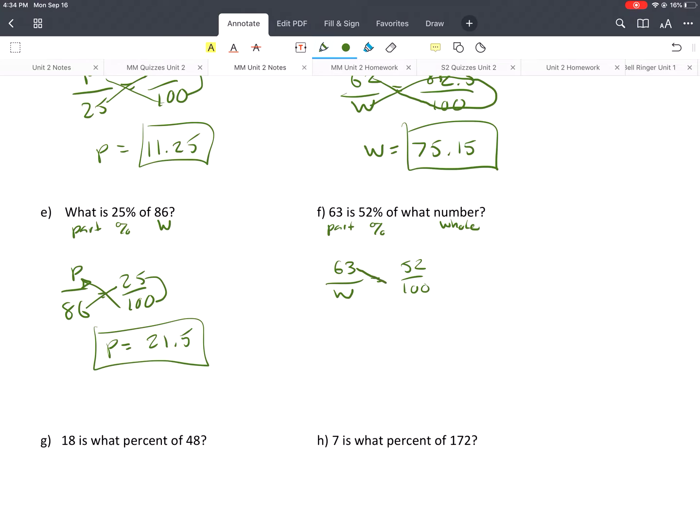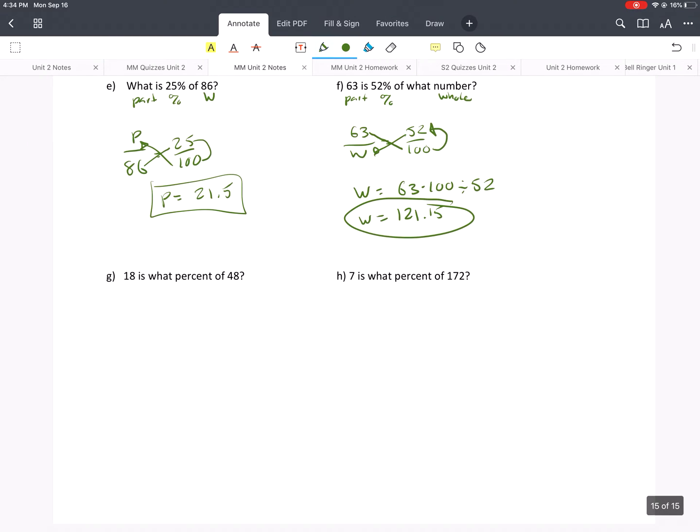So 63 times 100 divided by 52 equals W. So W equals 63 times 100 divided by 52, and we get 121.15.